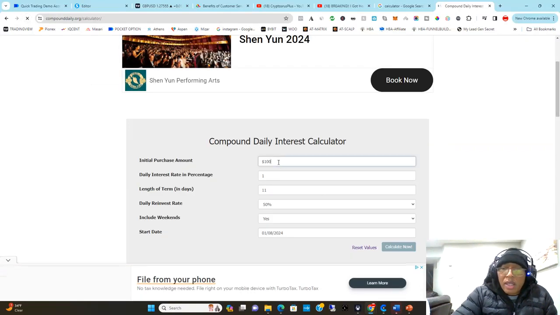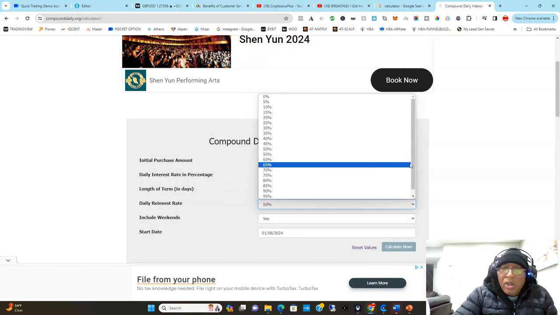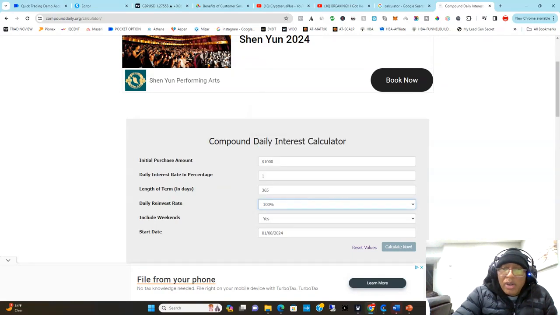All right, we're starting at 1,000. Let's even grow it by 1% every day, and we are investing the whole thing. There you go, and let's calculate this.